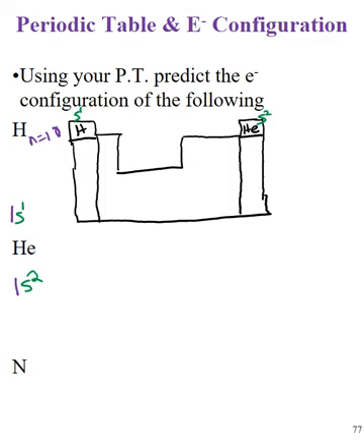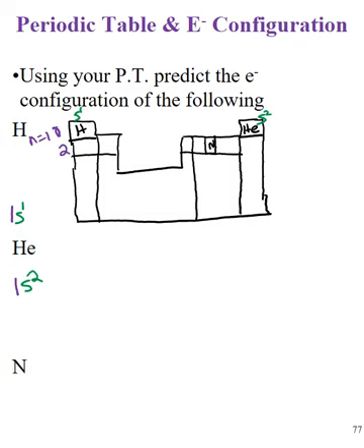And I kind of changed my mind. Let's do nitrogen as well. Nitrogen is going to be found kind of right here in the middle. Now, nitrogen is going to be in what row? It's going to be in the second row.